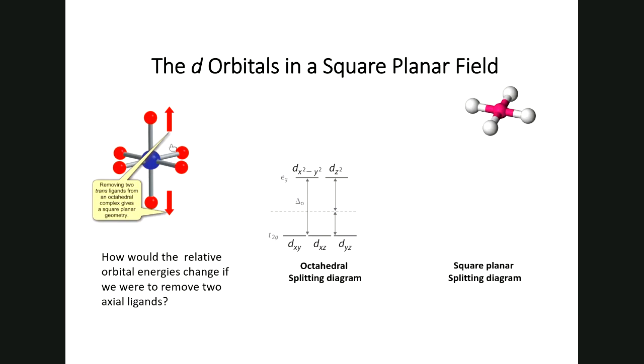What's going to be my highest orbital in my square planar complex? X squared minus y squared, because my ligands are going to be directly on the xy plane, so it's going to be a lot higher. All right, I love it.